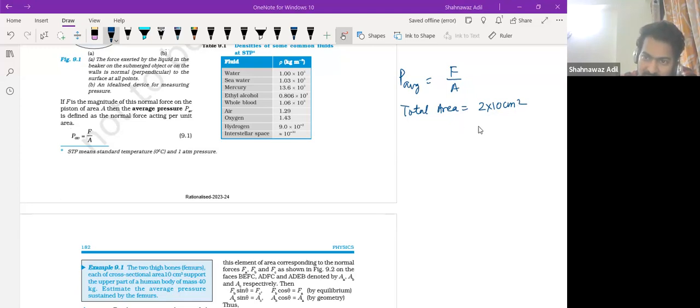So we have to change this to SI unit, right? So 10 centimeter into centimeter. How do I change centimeter to meter? That is 1 by 100 meter and 1 by 100 meter, right? So this will cancel, and this is 2 into 10 to the power minus 3 meter square. So this is the area, right, guys?